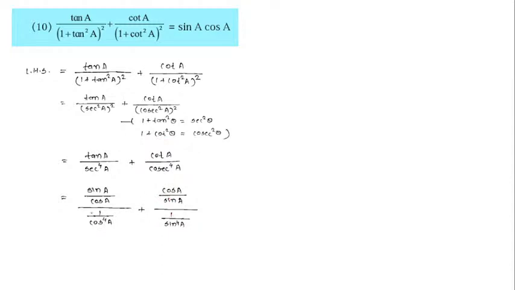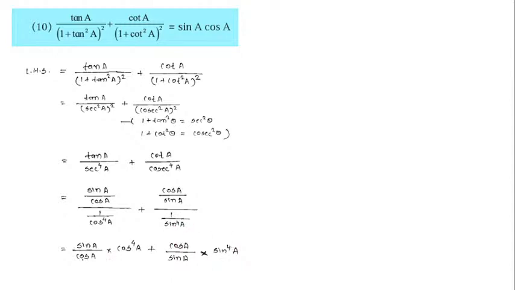Okay, now we have to take both the terms in the numerator, so we have to take the reciprocal, that is sin a divided by cos a as it is into the reciprocal of 1 by cos raised to 4a, which is just cos raised to 4a, plus for the second term also cos a divided by sin a as it is into the reciprocal of 1 by sin raised to 4a, that is sin raised to 4a.